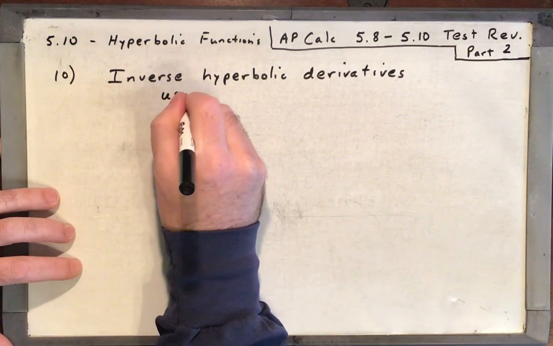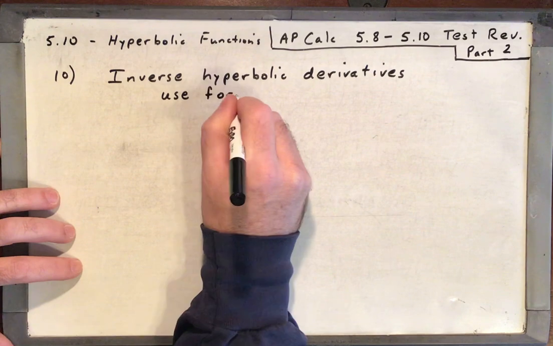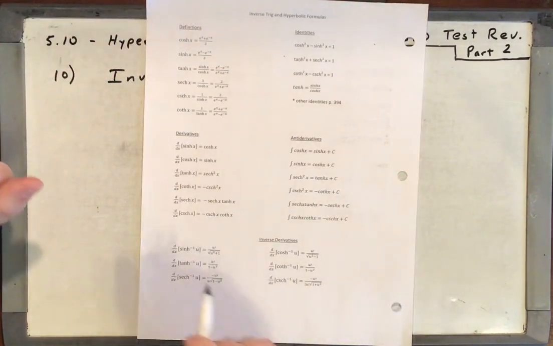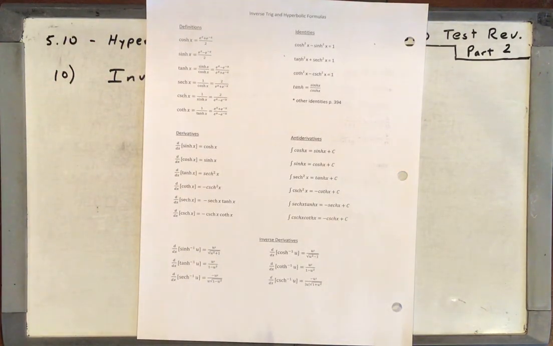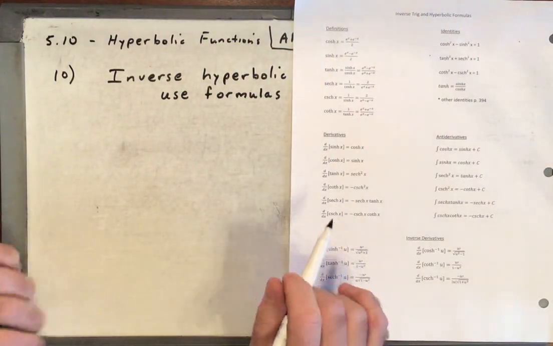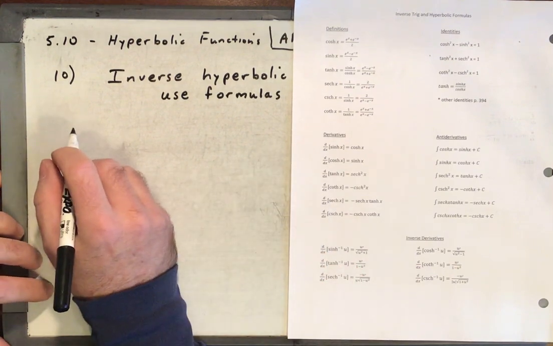You're going to use the formulas, use the sheet. Now, if I made you memorize all this, would anyone take calculus? No. I'm not going to memorize it either. That would be dumb. You may have a teacher that makes you memorize them in the future, however, but I hope not.